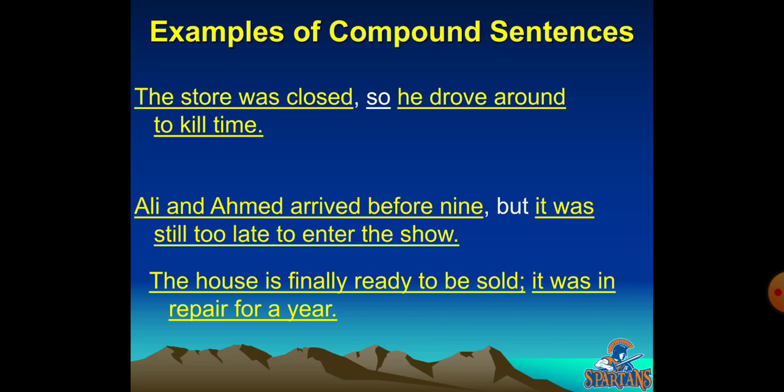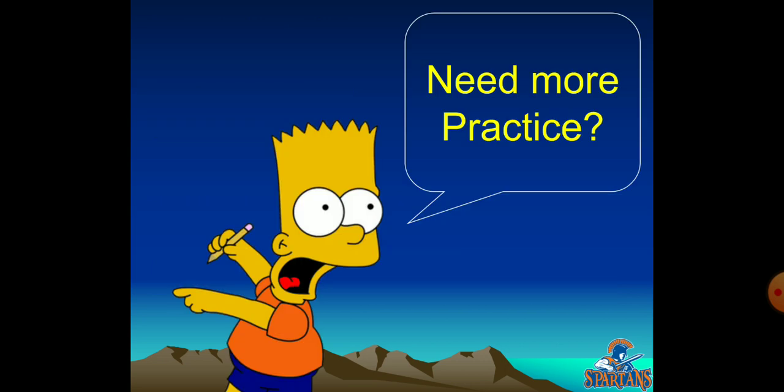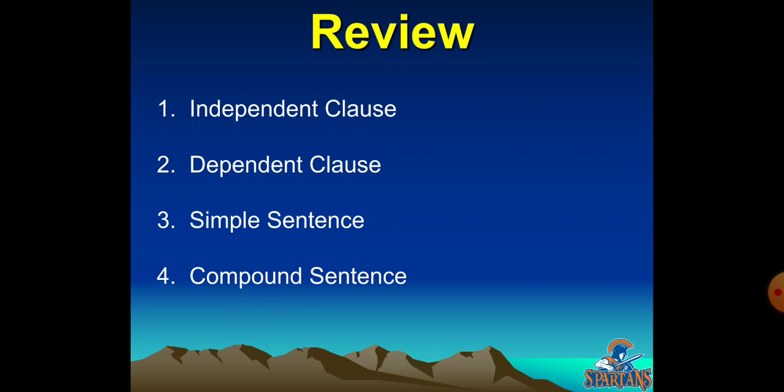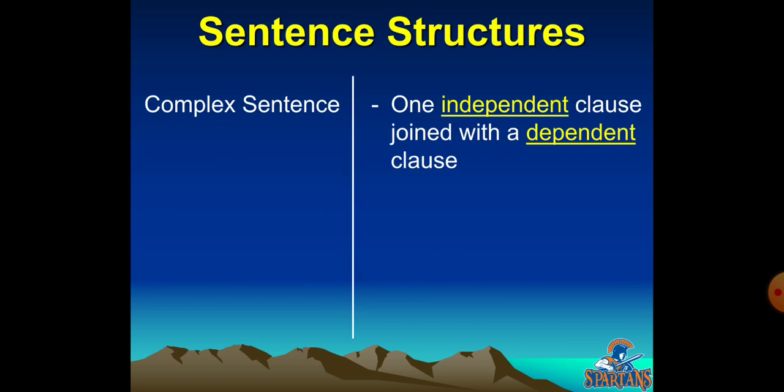In the third sentence, note that the 2 independent clauses are joined by a semicolon. As we discussed it in our previous lesson, a semicolon can be used to join 2 independent clauses. Okay, let's review. What are independent clauses, what are dependent clauses, what are simple sentences, and what are compound sentences.